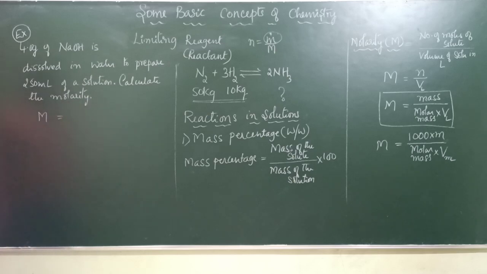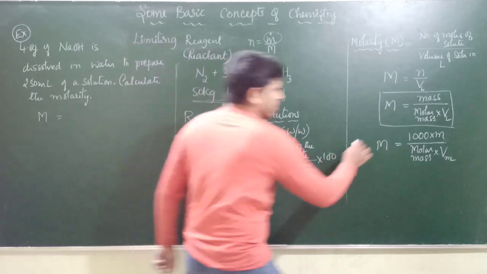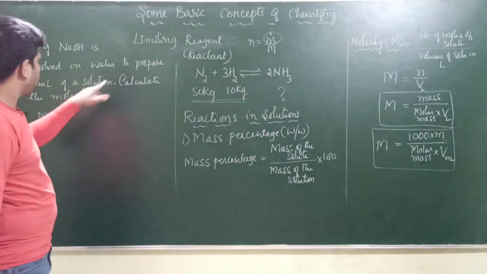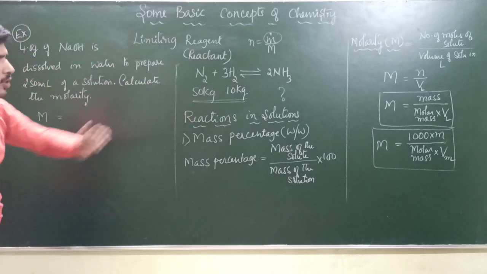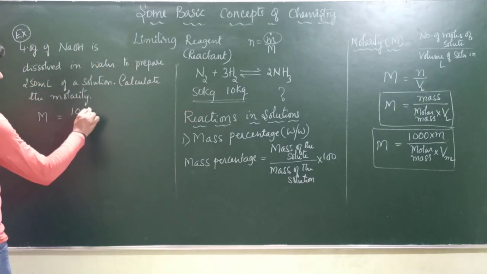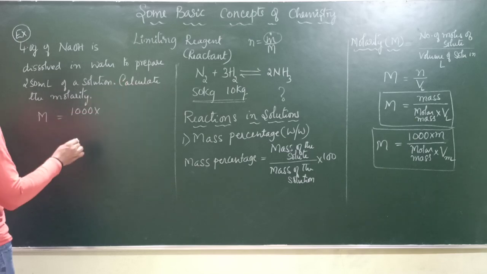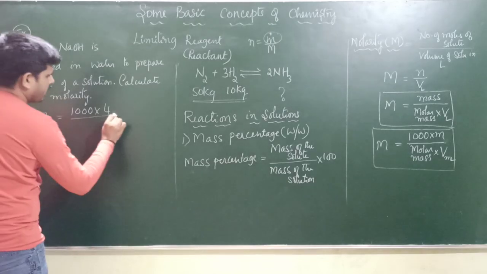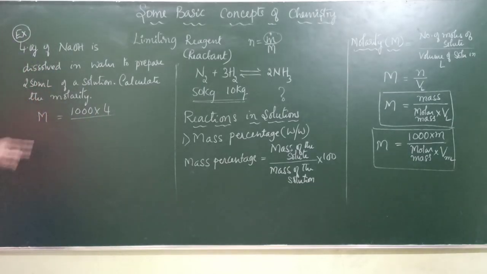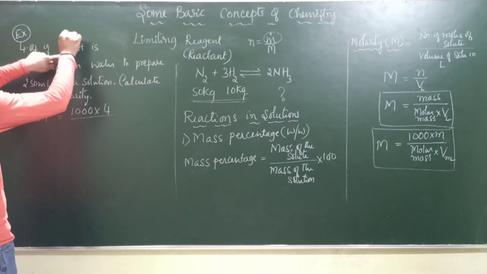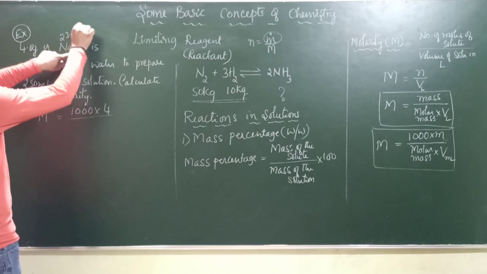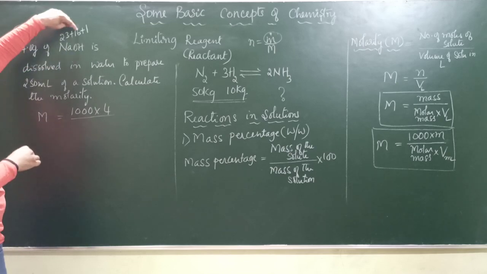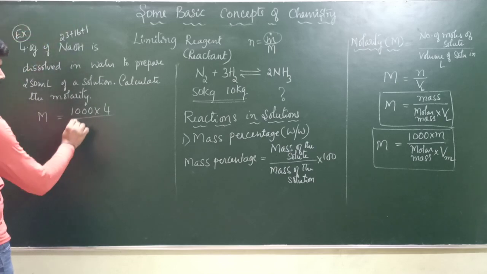So molarity is equal to, because it is in ml, milliliter, we can go for that directly: 1000 into mass, 4 gram, divided by the molar mass of NaOH. Sodium atomic mass 23, oxygen 16, hydrogen 1 gram. So totally 23 plus 16 is 39 plus 1 is 40.